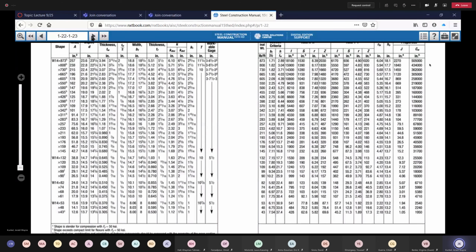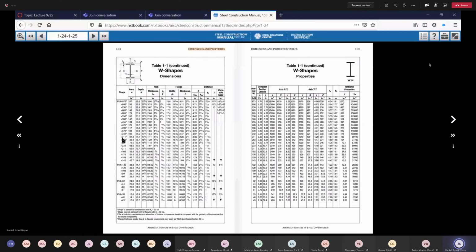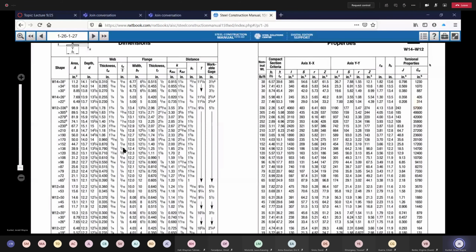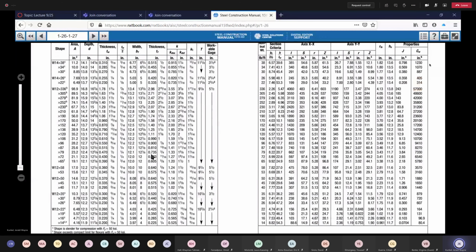So if we move to the W14s, you can see all of them are going to be heavier. We'll move to the W12s, and now we're talking, okay? Now we look down at the bottom of this table, and aha, there's a W12 by 22, 6.48 square inches, 12 by 19, 5.57, so we know that won't work.